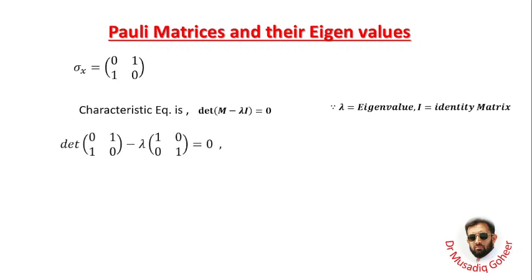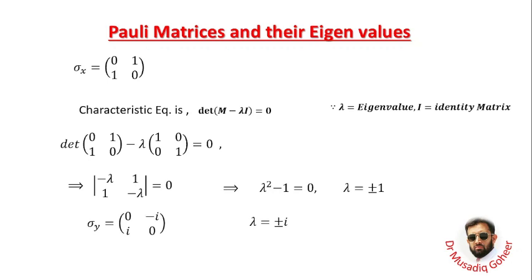So when we put the value of sigma x in that characteristic equation, then by a simple determinant solving method, we will be able to evaluate the values of lambda, which are plus minus 1. So sigma x has eigenvalues plus minus 1.